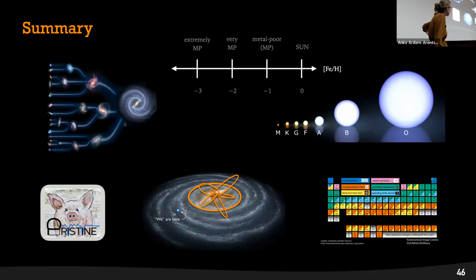We know roughly which processes can form which elements, but not necessarily in which ratio. And I think there's still quite a bit of research in that area that needs to be done on nuclear physics calculations, stellar yield modeling and stellar evolution modeling, because it all depends on these different things.